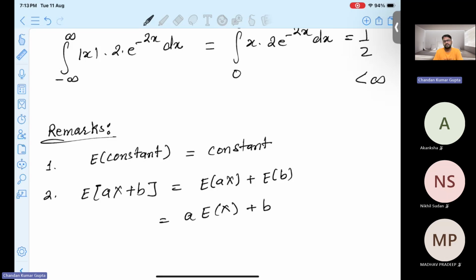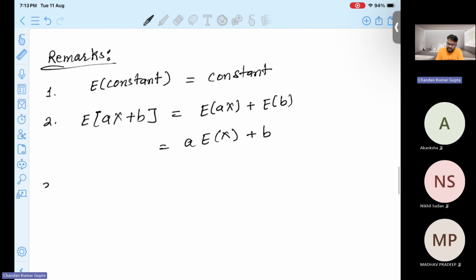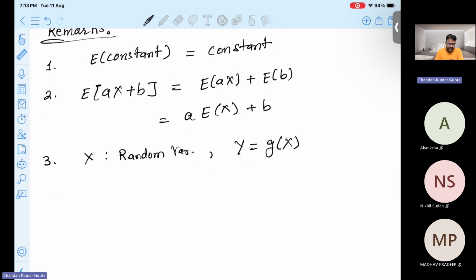In the same manner, suppose we are given a random variable X, and we transform it into another random variable Y = g(X). Then the expected value of Y is the expected value of g(X).